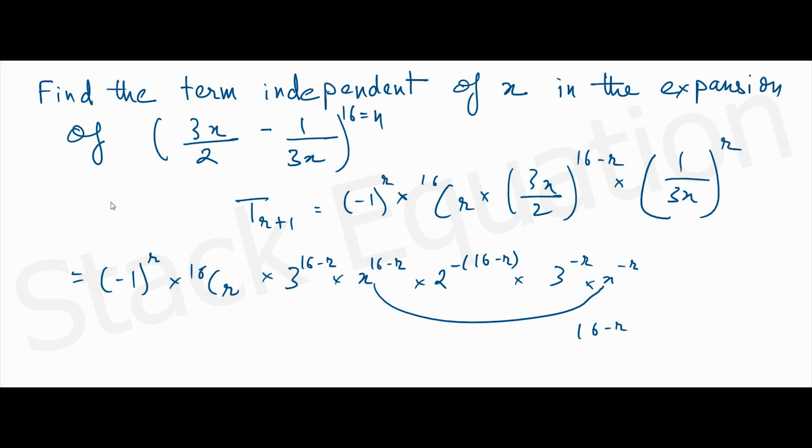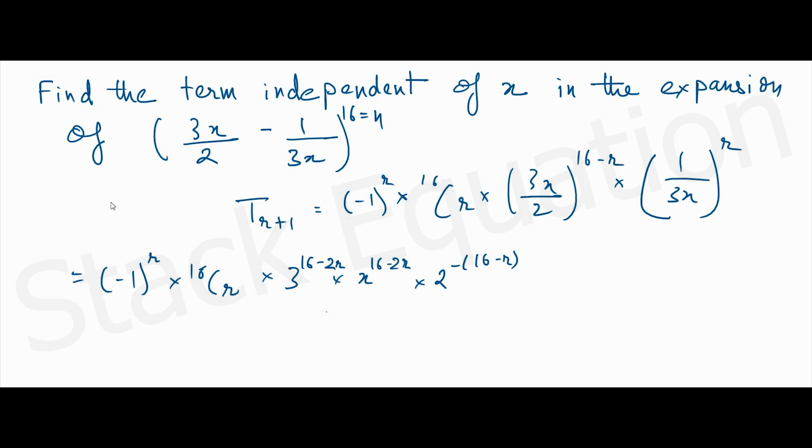What is 16 minus r minus r? That's 16 minus 2r. And combining the 3 to the power 16 minus r with 3 to the power minus r, again we can write it as 3 to the power 16 minus 2r.